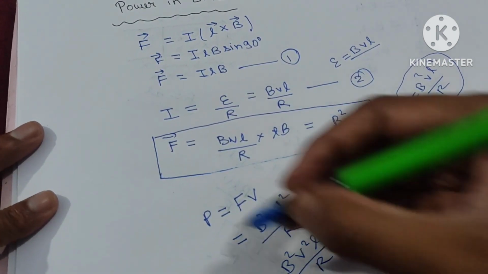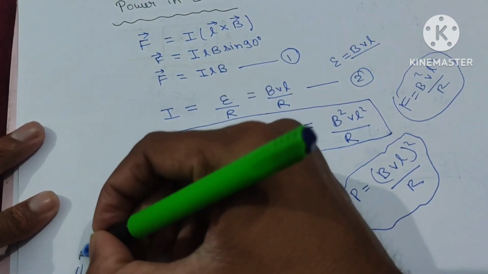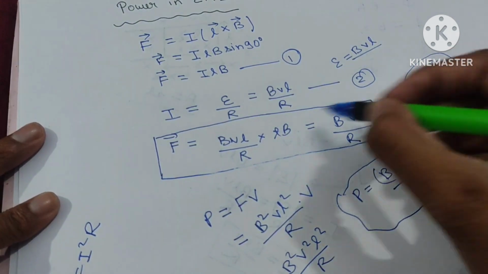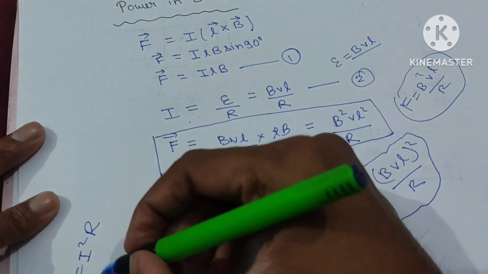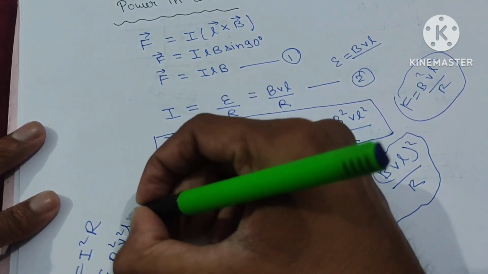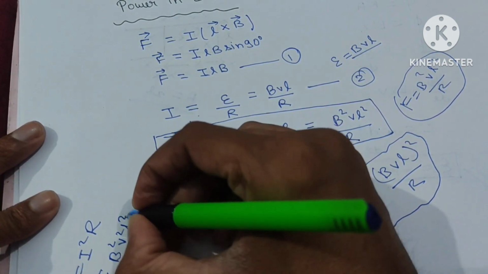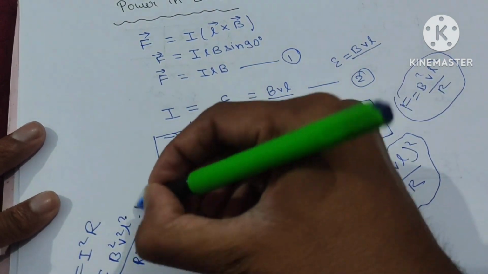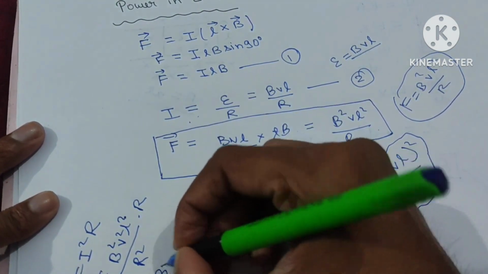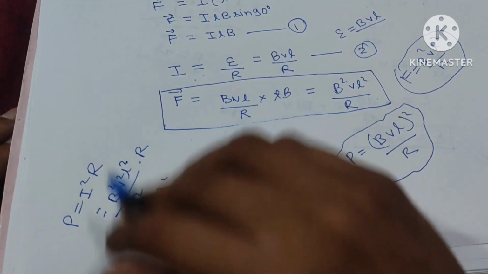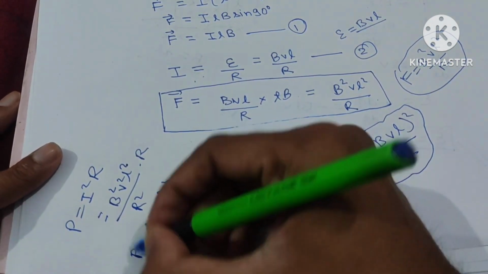And alternately, if you want to prove power, so power is equal to what? I square R. Put the I value, like we found the I value, so put the R value. It will become B square L square V square by R square into R. Okay, so this is the alternative form of power.